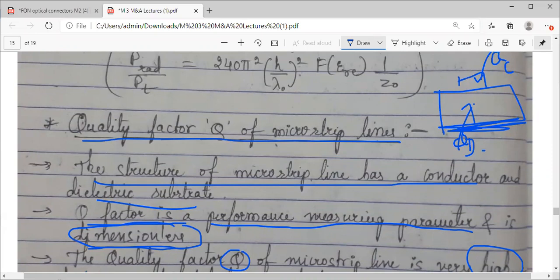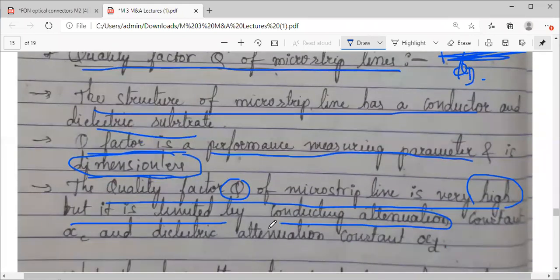Because your quality factor Q depends on the attenuations. That is very much clear, right? The more loss in transmission, the lower the quality will be. They are inversely related. The lower your loss, the better the performance will be. It is like that. So your quality factor Q depends upon the attenuations, and those two types of attenuations we have seen majorly.